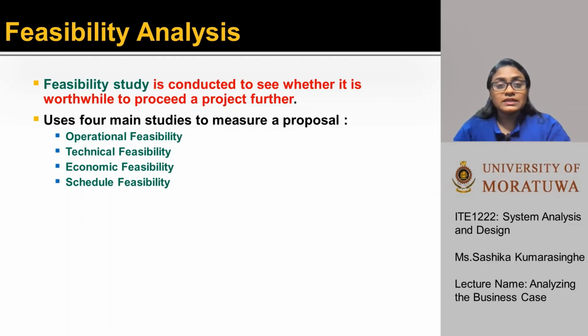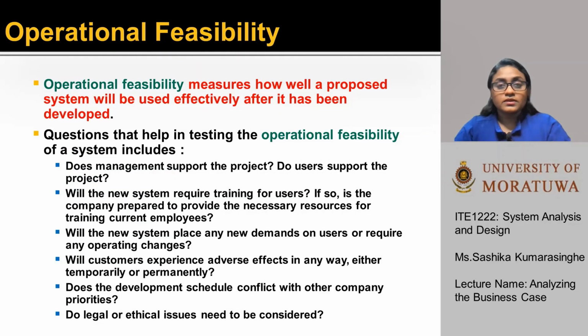Sometimes a feasibility study is quite simple and can be done in a few hours. If the request involves a new system or a major change, however, extensive fact-finding and investigations are required.